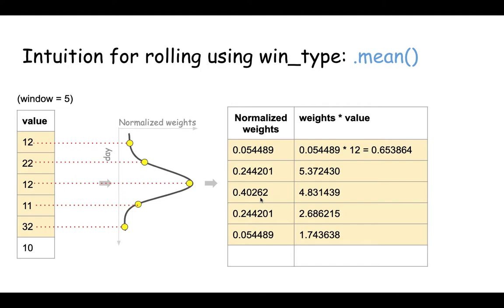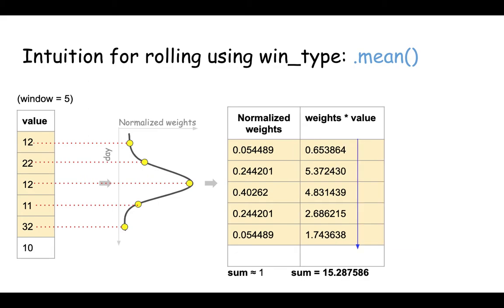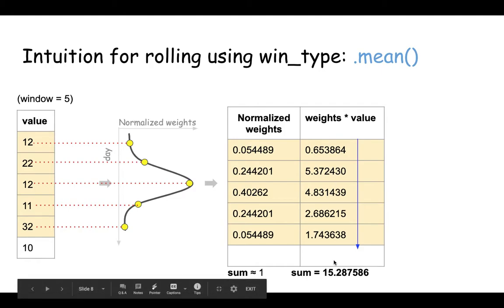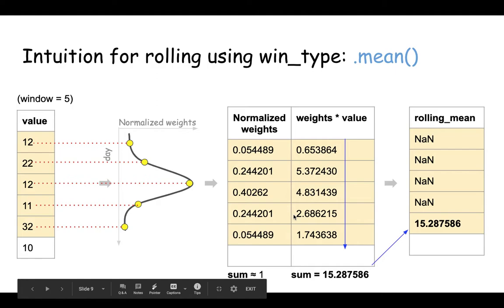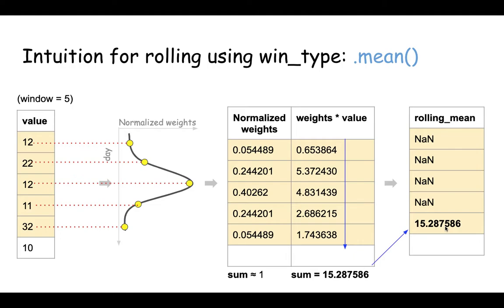So once we have the normalized weights, what we want to do is multiply these normalized weights with the value. So 12 into 0.0054489, and we get this value 0.65. We do that for all other rows in that particular window, and then we sum the values after multiplication. So in this case it's 15.287. That is the rolling mean for that window, and in this case we have the rolling mean as 15.28.